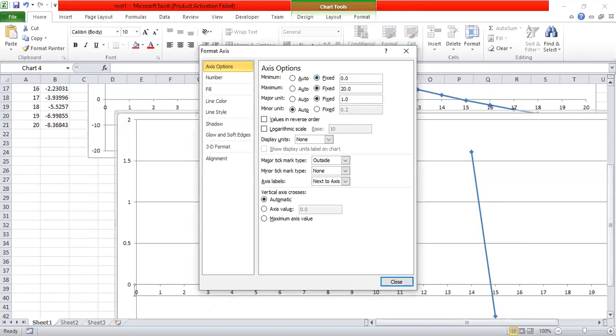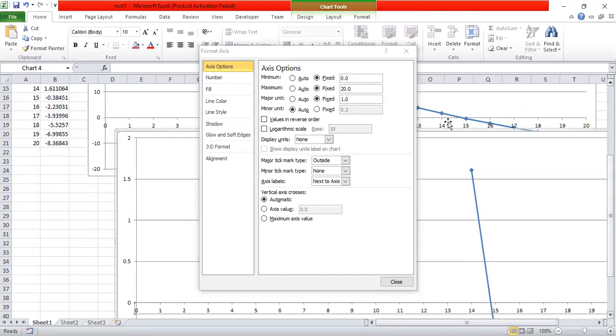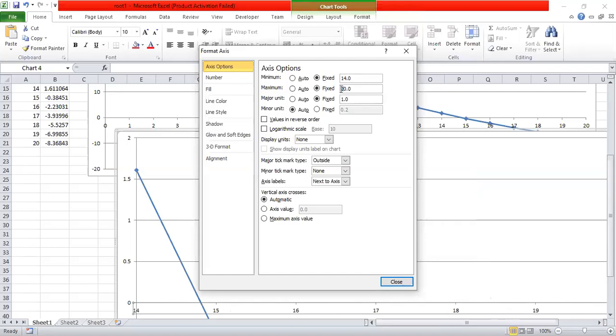The minimum should be 14. Then the maximum should be 15, because we want to actually get the exact root.